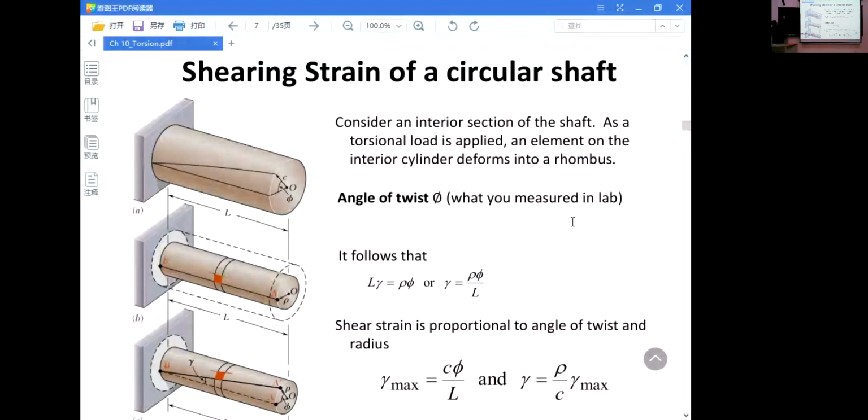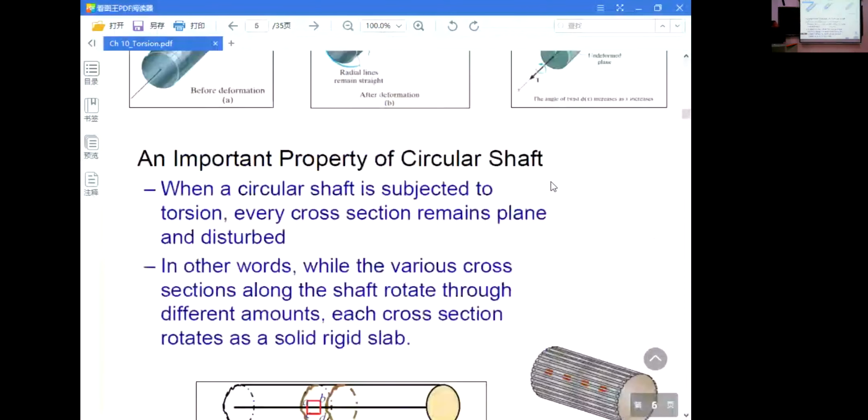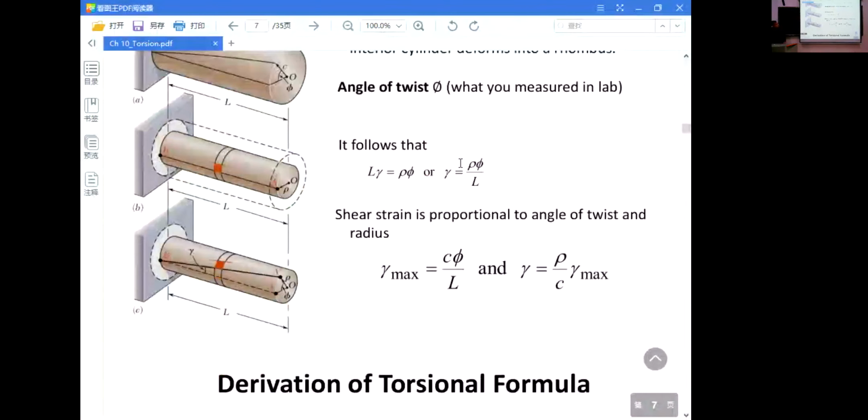We know gamma rho equals rho phi over L, and tau rho equals G gamma rho, so G equals tau rho over gamma rho.